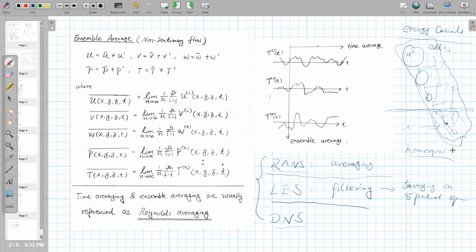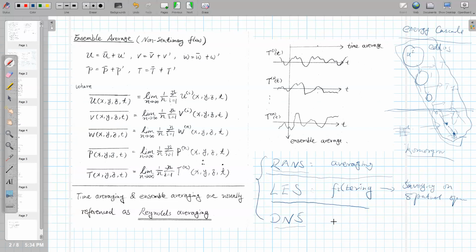Basically, what that means is that if you use the finite difference method, your grid point in your finite difference has to be as small as this scale here, and then you can just solve the Navier-Stokes equation we have in our chapter 2 directly without involving any fluctuation terms or any turbulence modeling in the DNS. You can just solve it directly, okay?